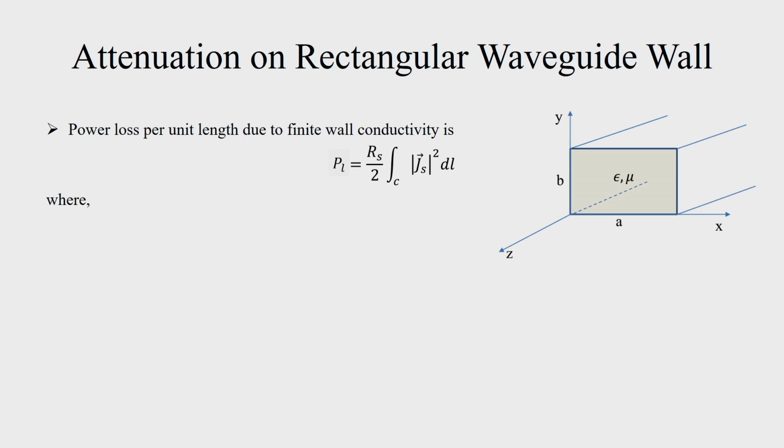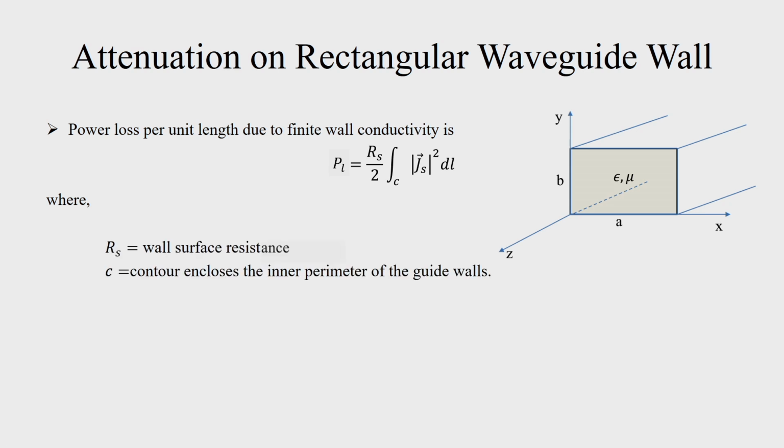We know from the boundary condition that the magnetic fields for the TE10 mode, that means Hz and Hx, will be discontinuous on this metallic boundary, and we can calculate the surface current that is induced on the walls of the waveguide by n cross H. Rs is the wall surface resistance and C is the contour that encloses the inner perimeter of the waveguide walls.